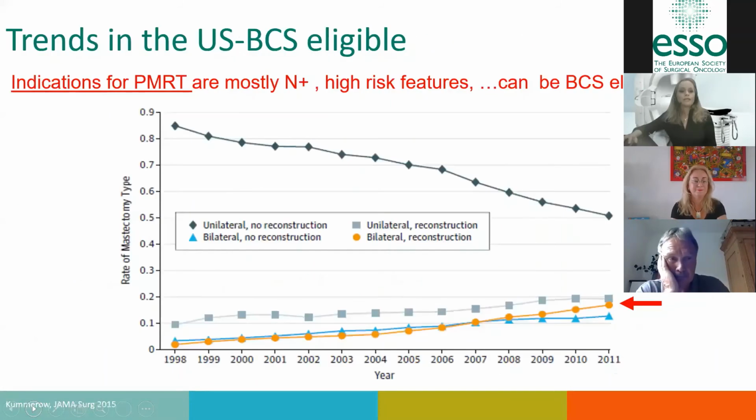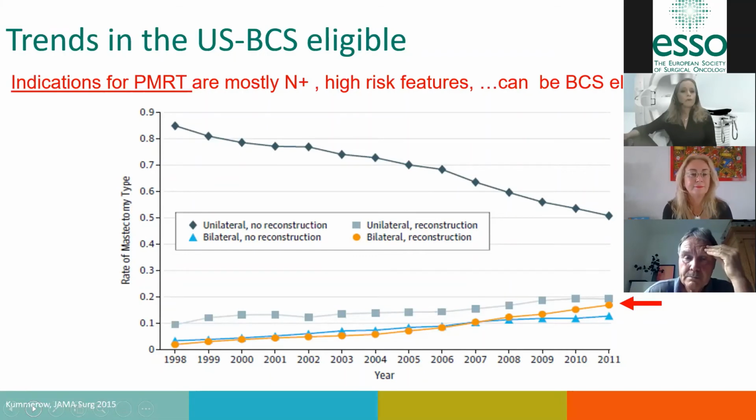And this is another report from the US indicating that among patients who are eligible for breast conserving surgery, more patients are undergoing mastectomy and immediate reconstruction, and more patients are undergoing bilateral mastectomy for a unilateral disease with bilateral reconstruction.